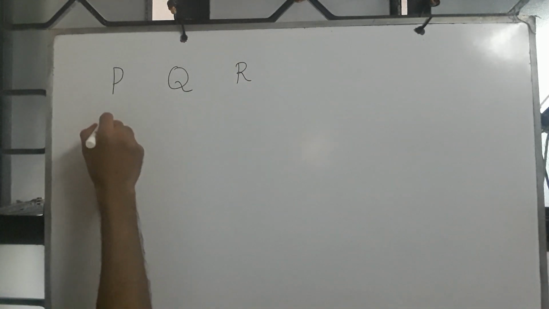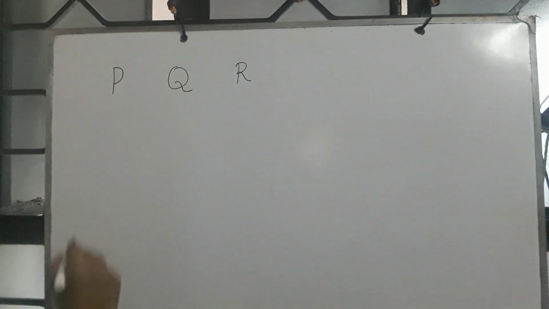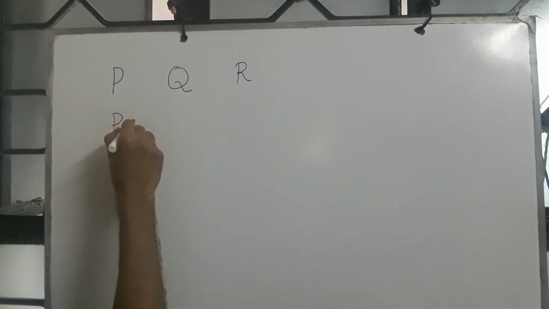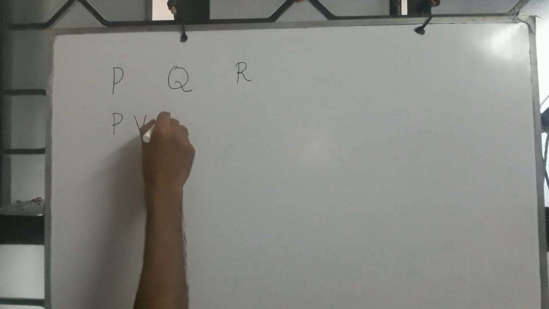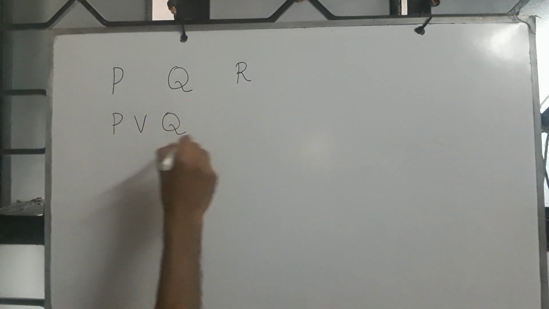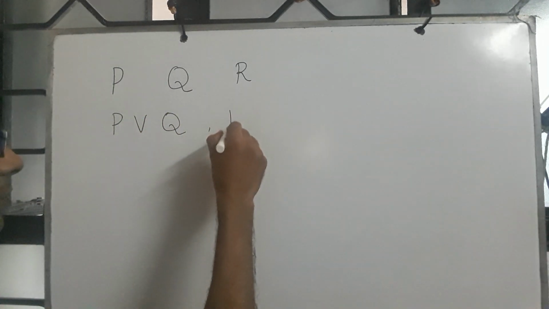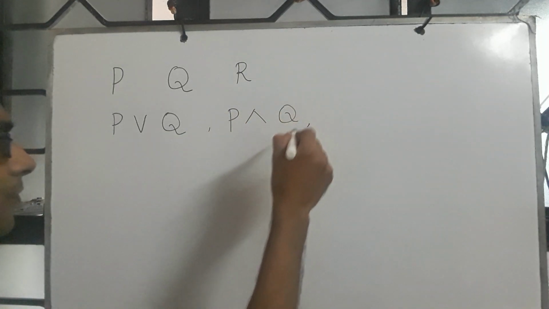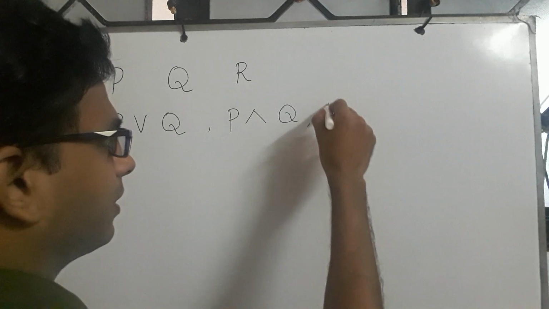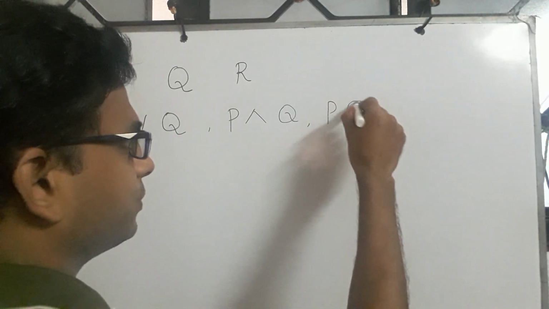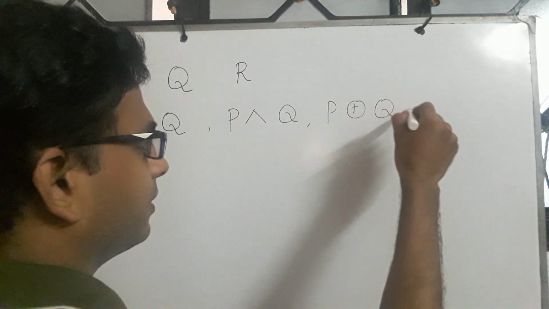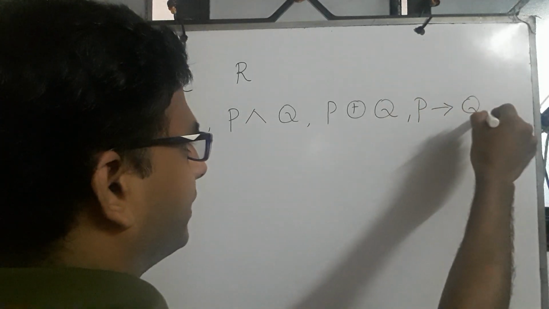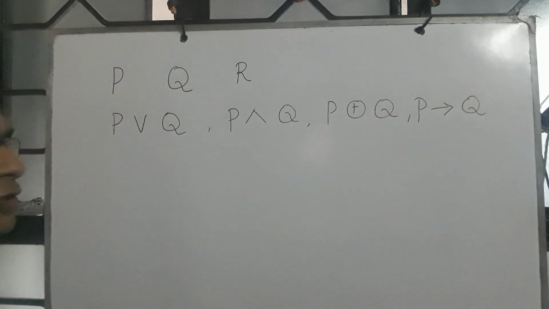Then we said given two propositions P and Q, one can talk about the proposition P or Q, one can talk about P and Q, one can talk about P exclusive or Q, then one can talk about P imply Q and so on.